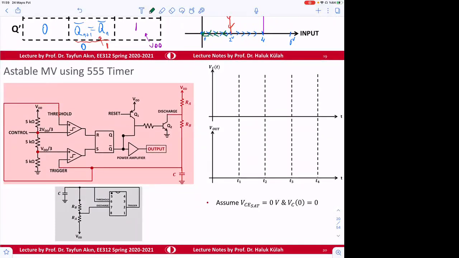So instead of connecting threshold to trigger, what we can do is, I mean, this is why we have these circuit blocks here. If we just connect this discharge outside, VDD here, maybe 2 resistors, RA, RB, and a capacitor, and connect the circuit like this, we can understand what will be happening here.